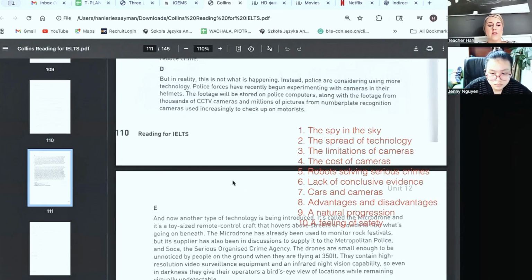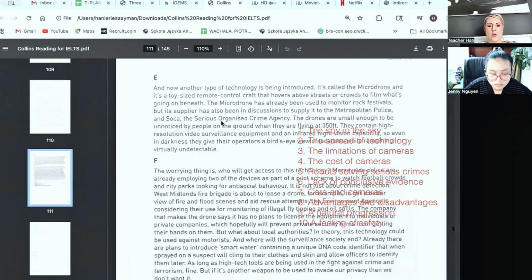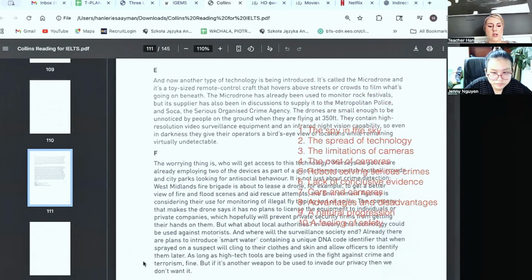Okay? So let's have a look at the next one, passage E. Which one would you say is the correct answer here? Is it the spy in the sky? Yes, that's definitely the spy in the sky. A toy-sized remote control craft hovers over the street of crowds and films. Yes.